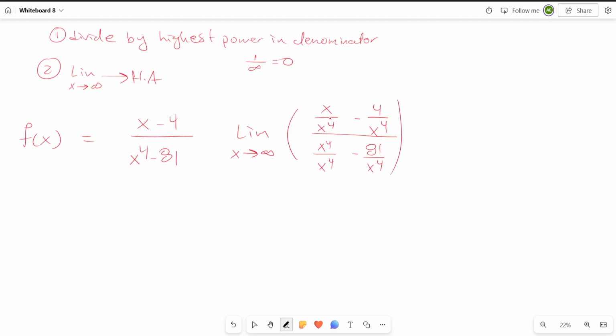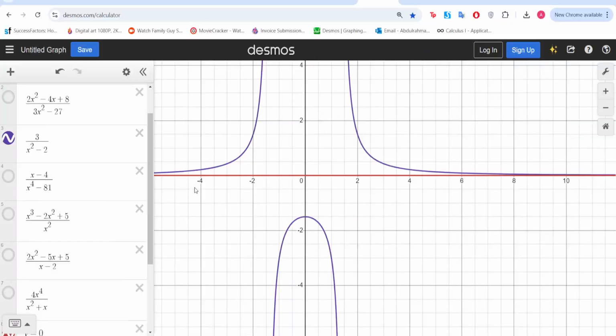Basically, the first term becomes 1 over x cubed, which approaches 0. This is also going to approach 0. This is 1, and this is going to approach 0. So my answer is 0 over 1 again, which is 0, making y equals 0 a horizontal asymptote. Let's plot x minus 4 over x to the power 4 minus 81.